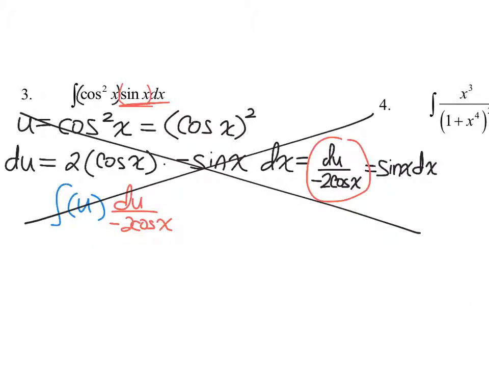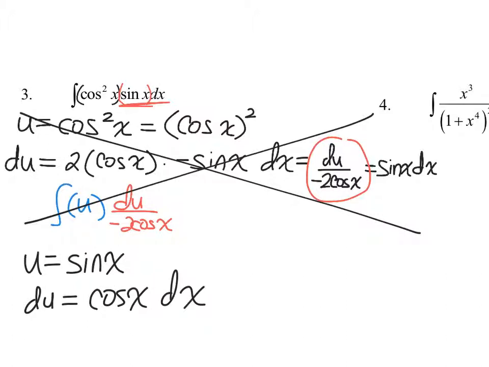So, I'll try the sine of x. Also an incorrect possibility. So, u equals sine of x. So then I get du equals cosine of x dx. This one I'll just talk you through. The u would replace the sine of x, so I'd be left with a cosine squared dx.